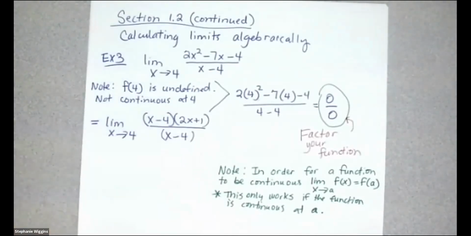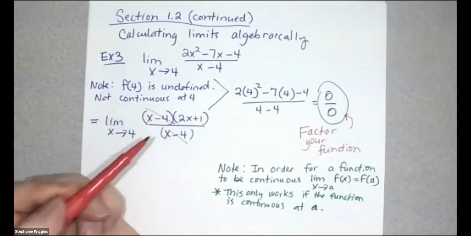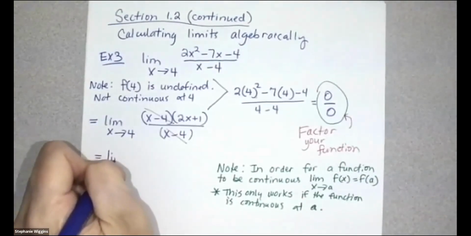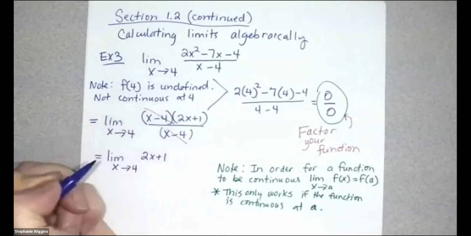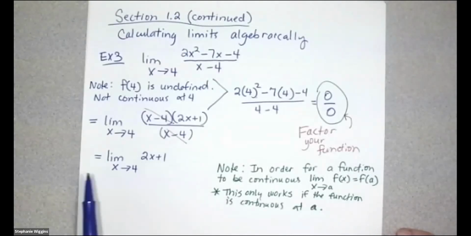And lo and behold, we can cancel out that factor. So this becomes equal to the limit as x approaches 4 of 2x plus 1. Now we've reduced this to a continuous function.